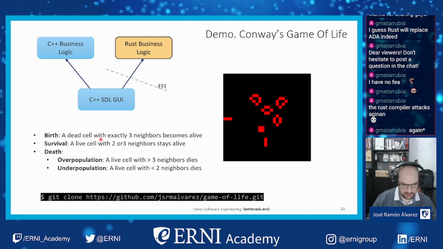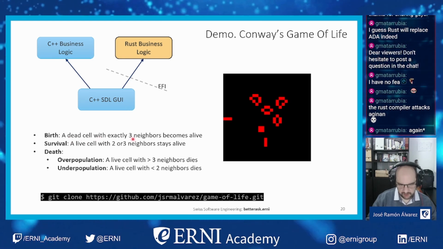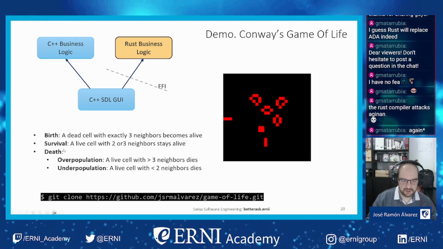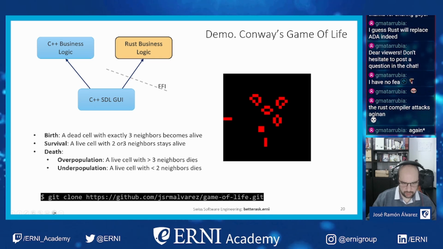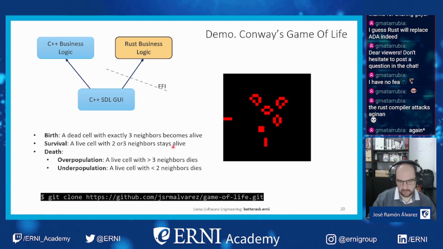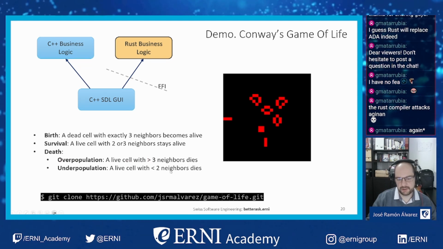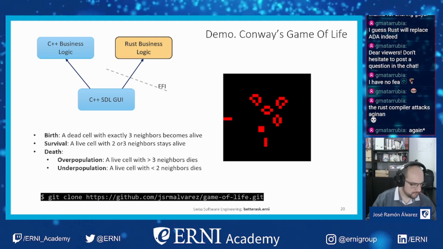If a cell is dead and it has exactly 3 neighbors, it will become alive. If a cell is alive and it has 2 or 3 neighbors, it will remain alive. And if a cell is alive and it has more than 3 neighbors, it will die of overpopulation, and with fewer than 2 neighbors, it will die of underpopulation.